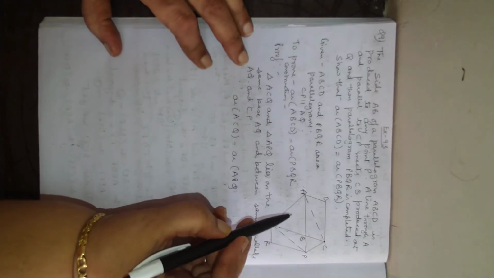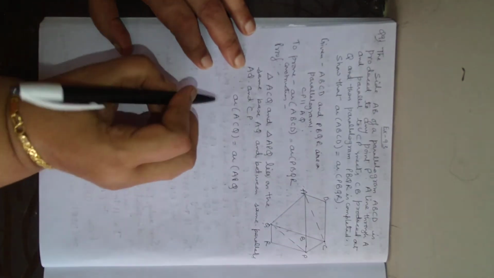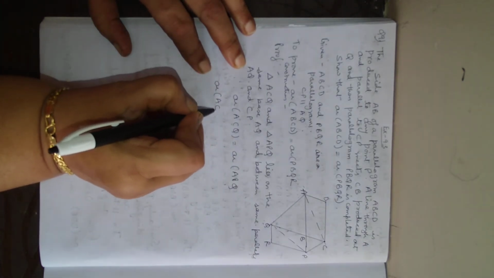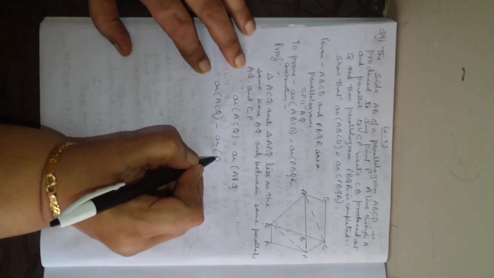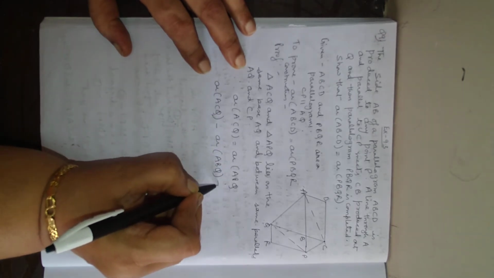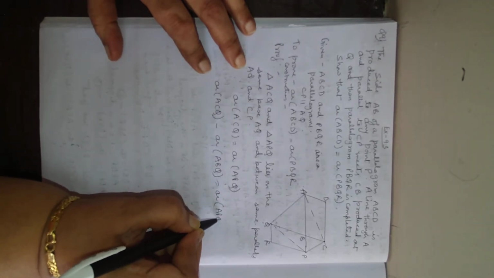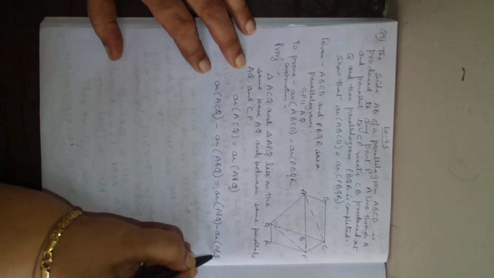Now, if we subtract the area of the triangle ABQ from both the sides, area of ACQ minus area of ABQ equals area of APQ minus area of ABQ.